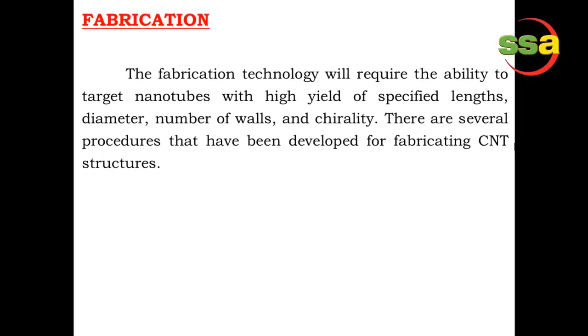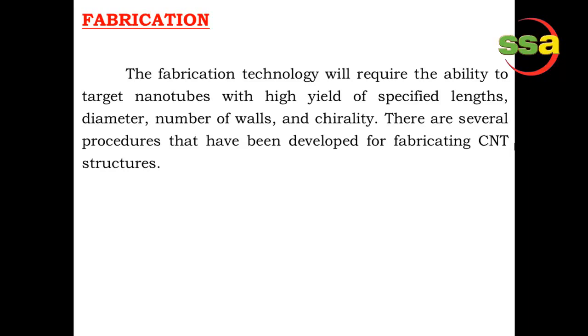And how can these nanomaterials be fabricated? The fabrication technology will require the ability to target nanotubes with a high yield of specified lengths, diameters, number of walls and chirality. There are several procedures that have been developed for fabricating nanotubes, because one kind of nanotube is made from one method only.